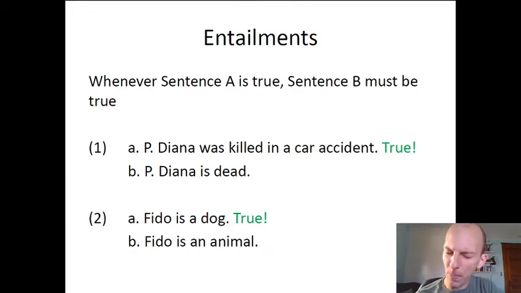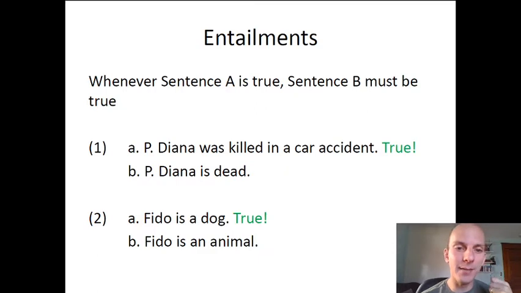Hopefully that's not too disturbing, but Fido is a dog is our next example, and the B sentence there is Fido is an animal. With respect to the entailment relationship, definitionally, what we're going to say is that for sentence A to entail sentence B, it has to be the case that whenever sentence A is true, sentence B must be true as well.